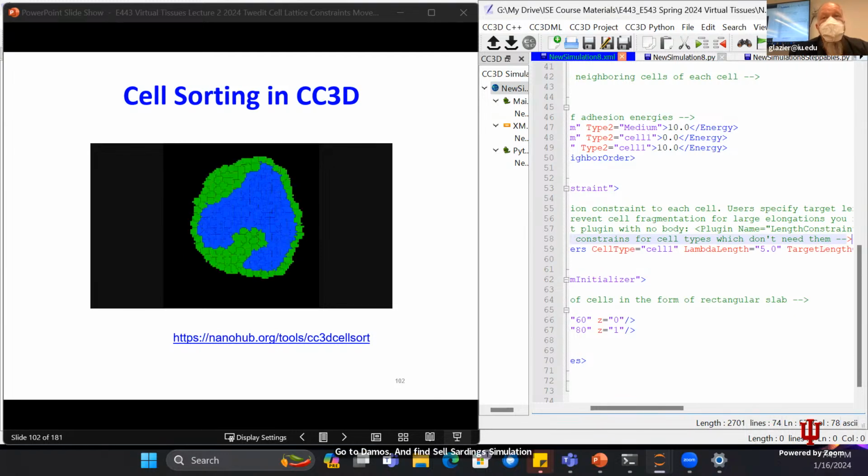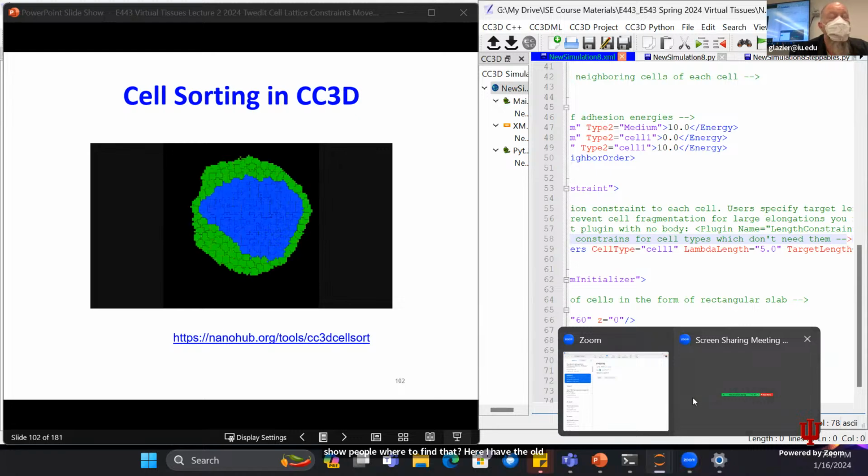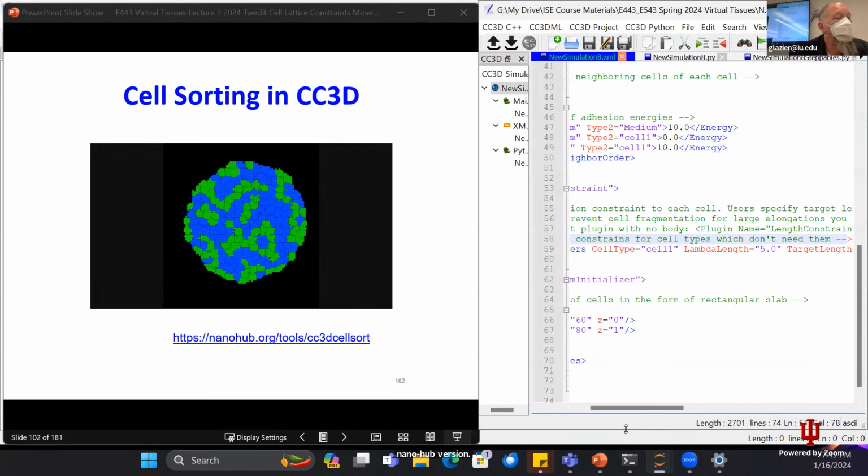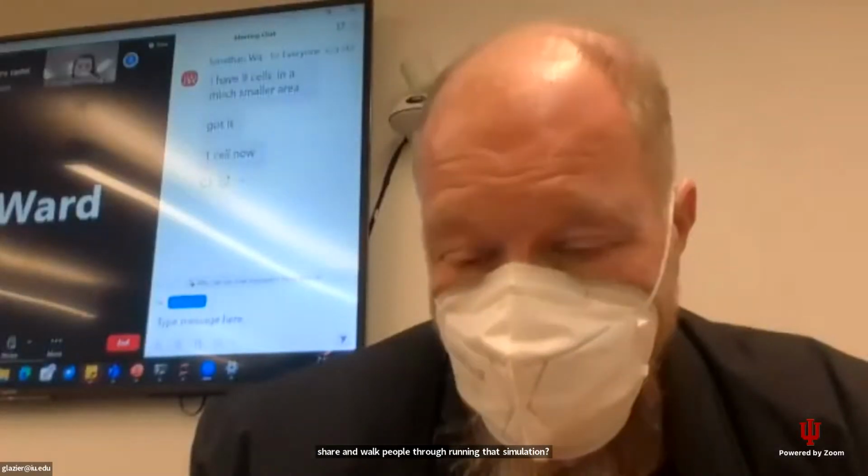Pedro, can you screen share for me and show people where to find that? Here I have the old NanoHub version. I forgot to fix that. Can I have you screen share and walk people through running that simulation? So let me stop the screen share. We'll turn things over to Pedro to close out the class.